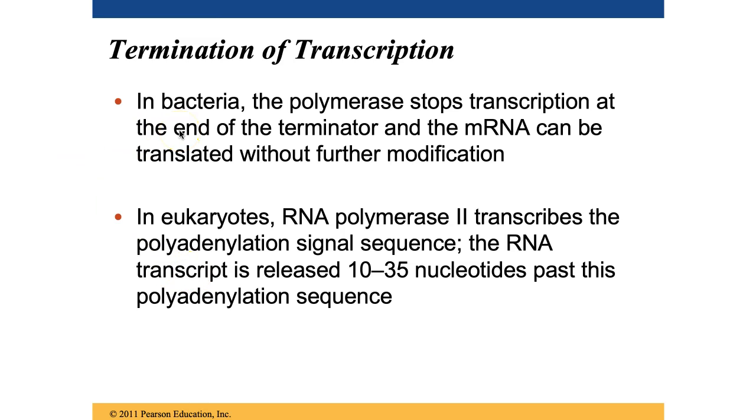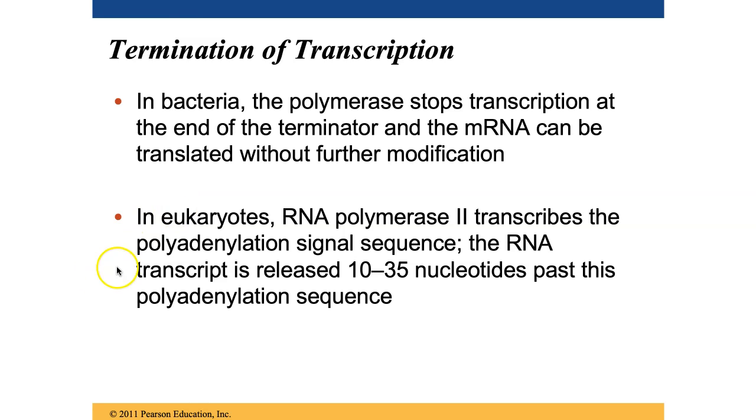Prokaryotes are a little bit less complex, so that RNA polymerase is going to stop transcribing at the end of a part of the DNA called the terminator. And then that mRNA that was created by the RNA polymerase is ready to be translated. So it does not need any other modification. That mRNA can go straight to a ribosome and be translated into a protein.